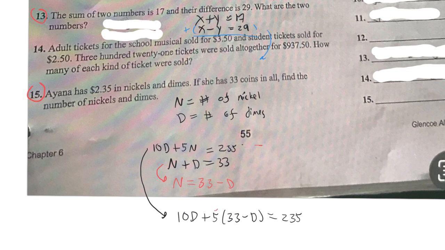Now, of course, we would have to distribute. So we would have 10d plus 5 times 30 is 150 plus 15 is 165 minus 5d equals 235. And then at that point, combining like terms, we would have 5d plus 165 equals 235.